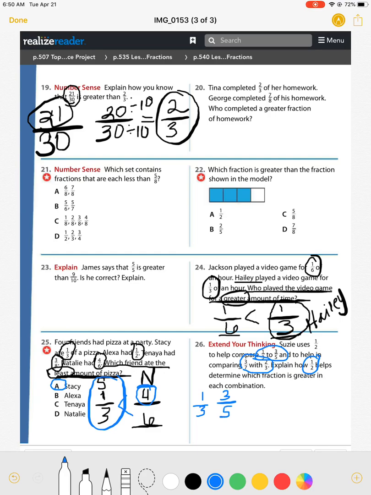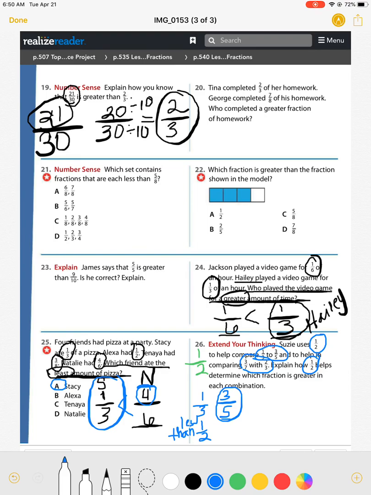So let's see. We need to compare these to 1/2. I know 1/3 is going to be less than half. Less than half. And 3/5. How does 3 relate to our denominator 5? This is just a little bit more than half.